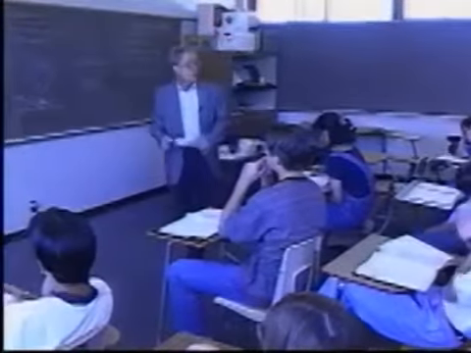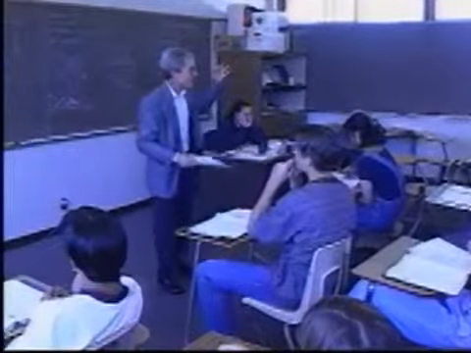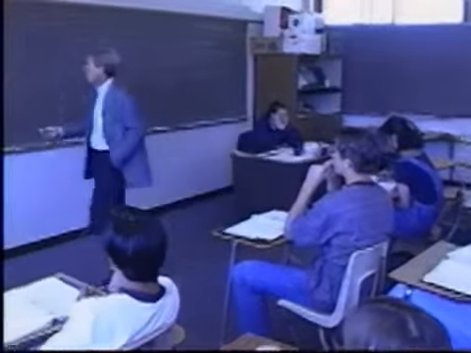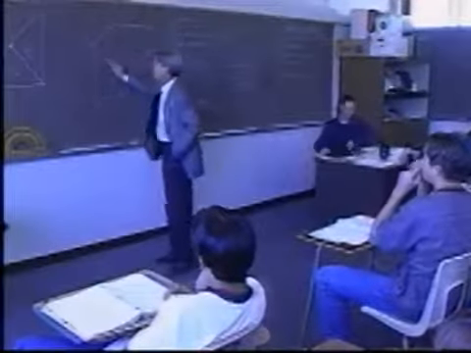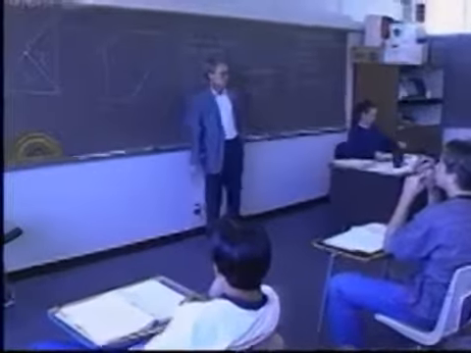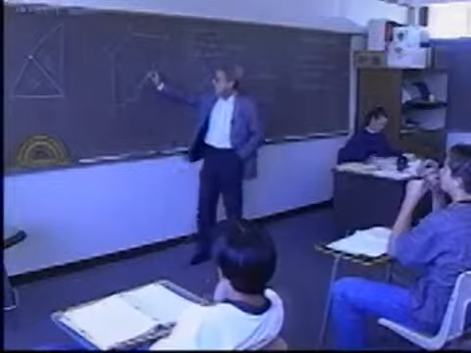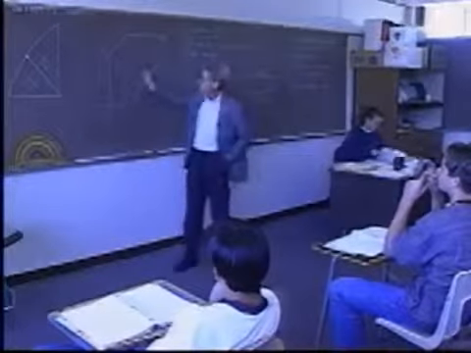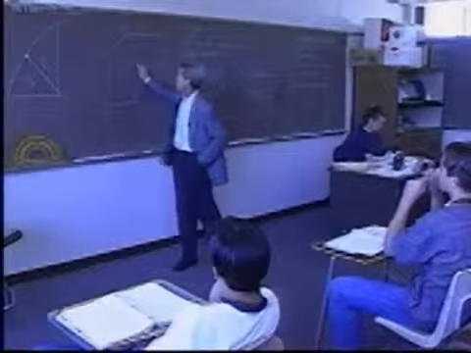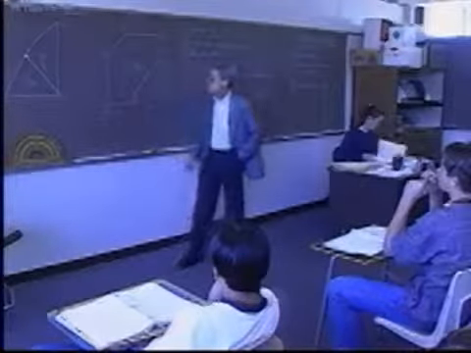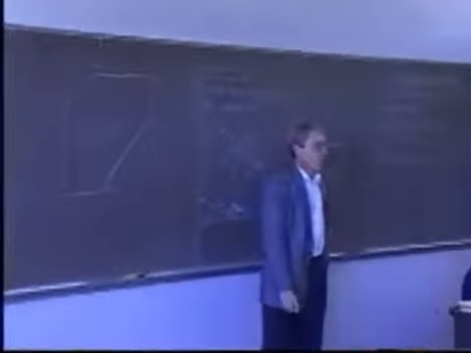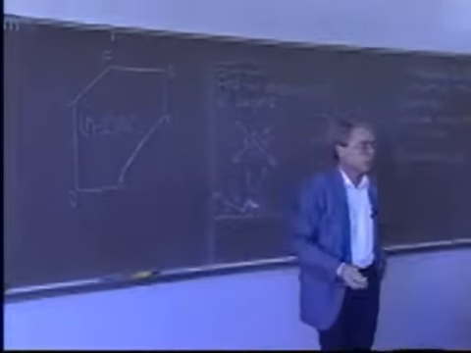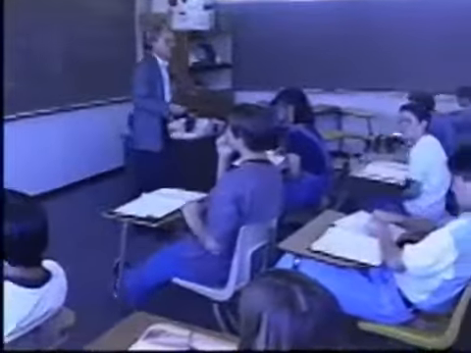There is a formula, and we're going to go through this after spring break, but I'm going to give you a hint right now. Take the number of sides and subtract 2, and multiply that number times 180 degrees, and that will tell me how many degrees the angles add up to.